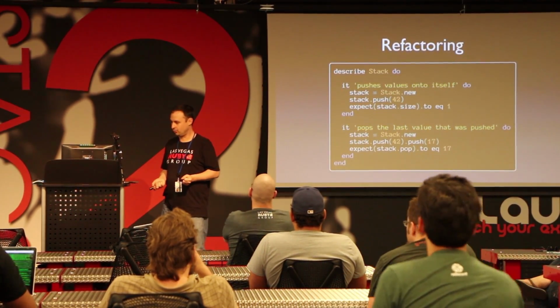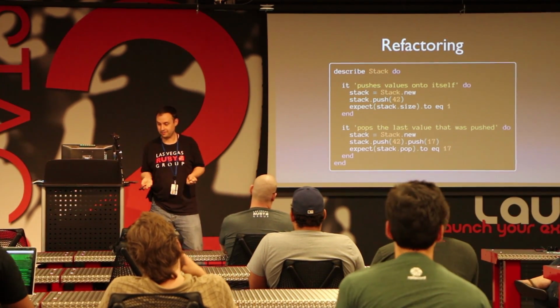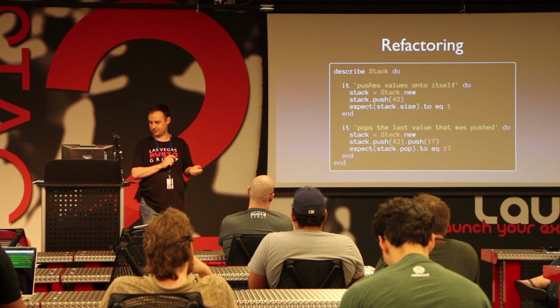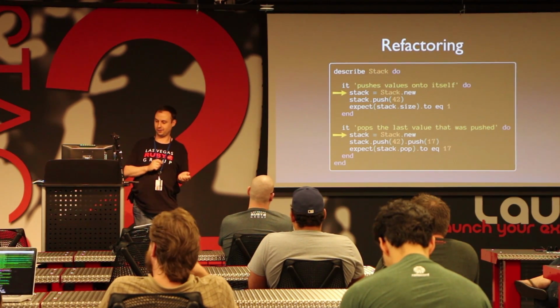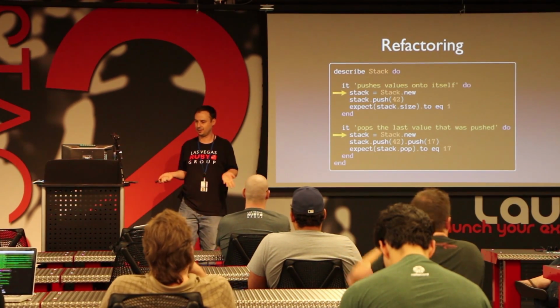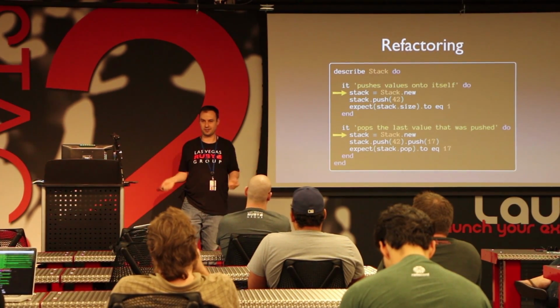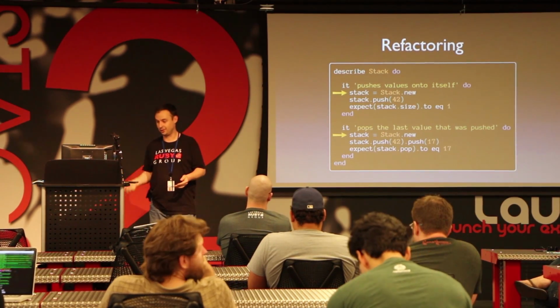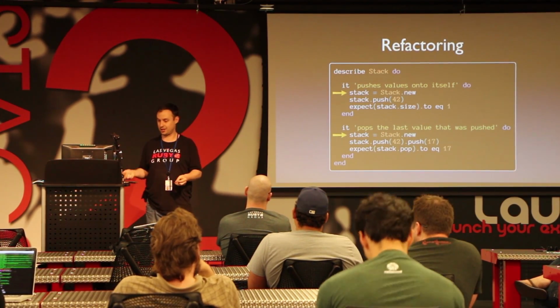All right, so this test could use a little bit of refactoring, which we all love. In particular, we see this, we're creating this stack. This line is exactly the same in both examples, and that's something you're going to be doing in almost every example, is creating an instance of the thing that you're testing, which RSpec refers to as your subject.